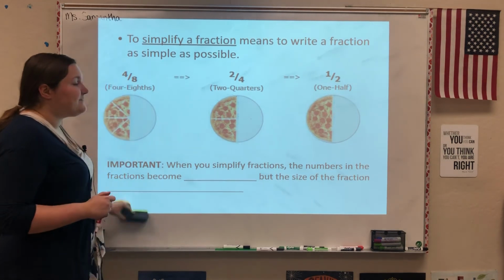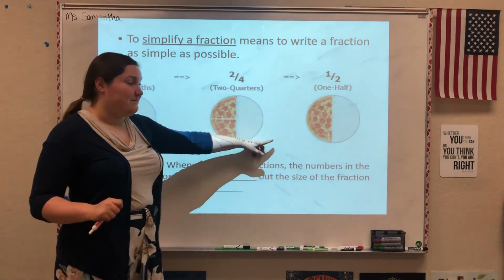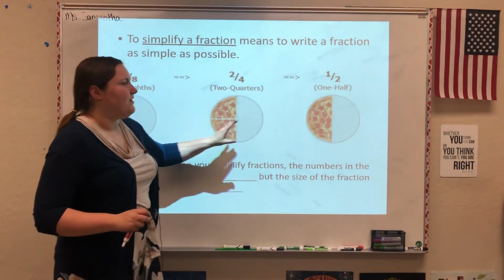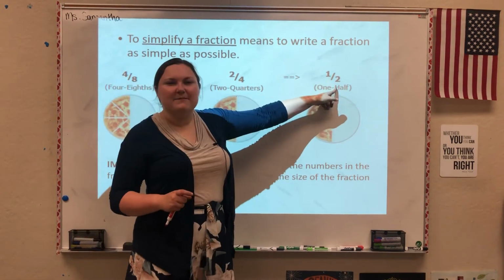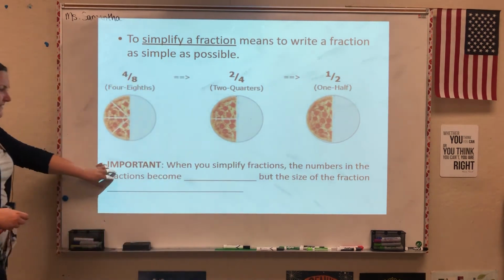The size of the slices is getting bigger for sure, but the actual total amount of pizza is the same at all times. Just because the numbers are getting smaller doesn't mean the amount of pizza is getting smaller. So that's what it says down here.